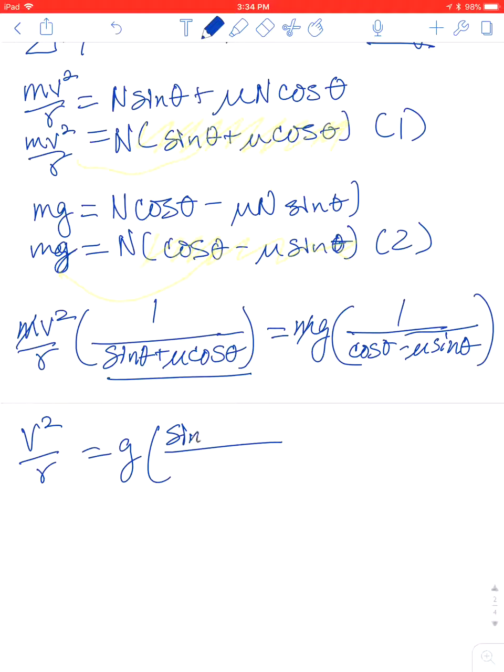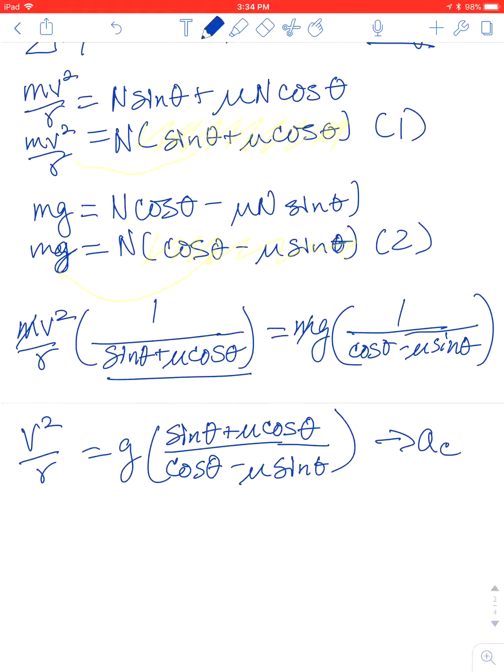So I get sine of theta plus mu cosine of theta over cosine of theta minus mu sine of theta, and all of that times g. And note, by the way, that this expression here is the centripetal acceleration, v squared over r. So that might be helpful, or it might be useful in some other circumstance. There might be some way that was useful in the question asked, but not here.